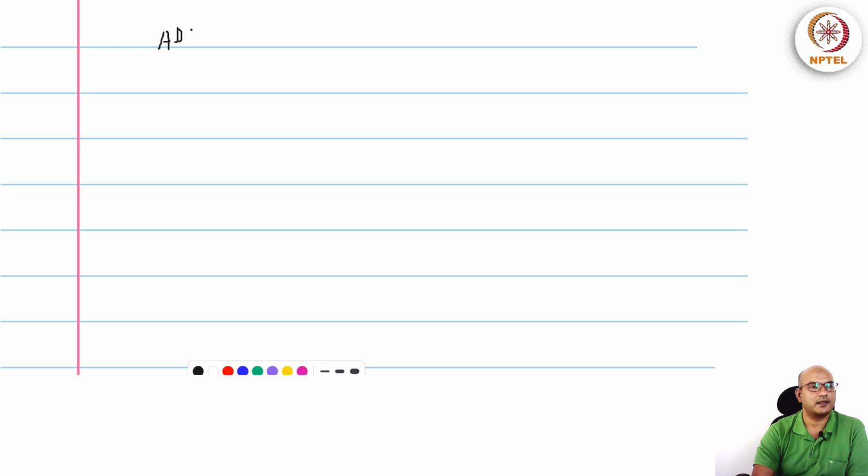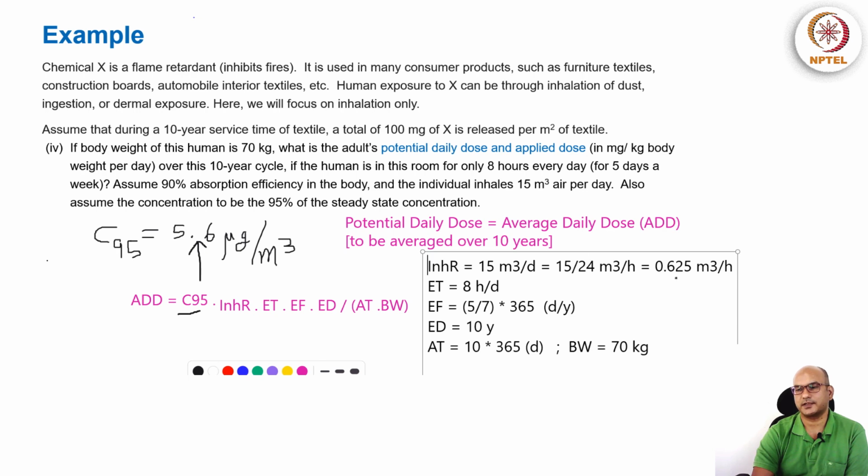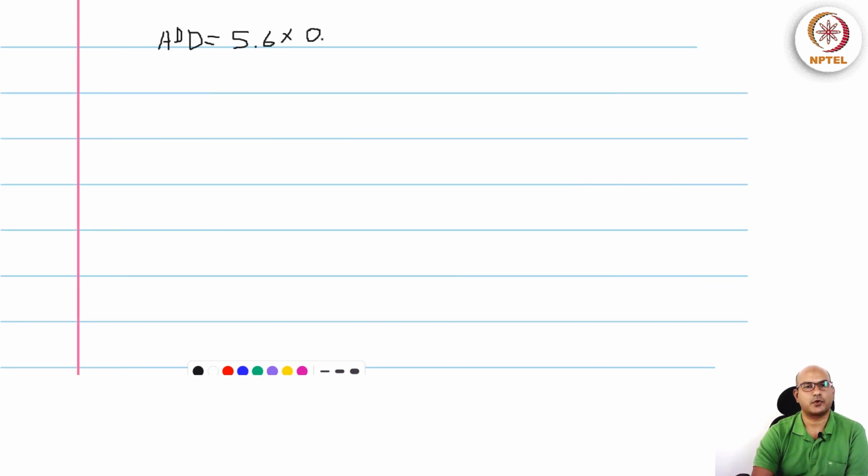ADD will be equal to concentration, 5.6, multiplied by inhalation rate 0.625 meter cube per hour, then exposure time 8 hours per day.